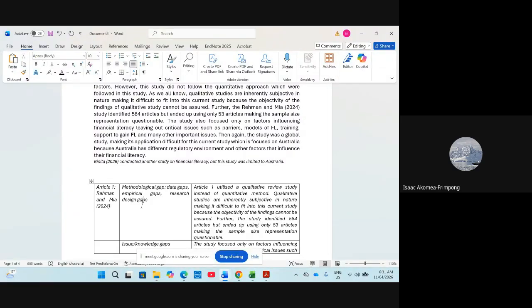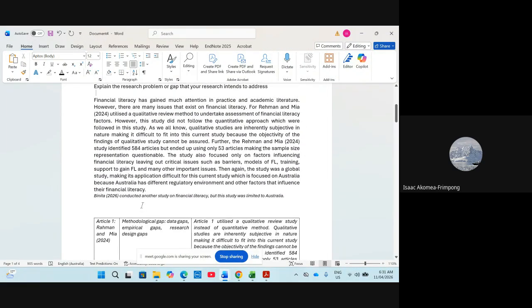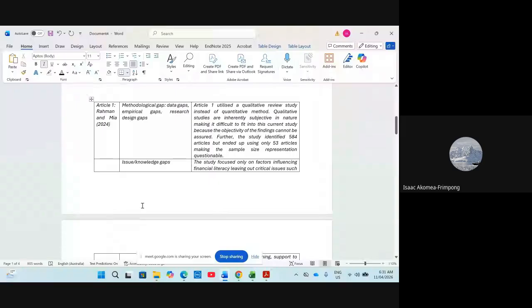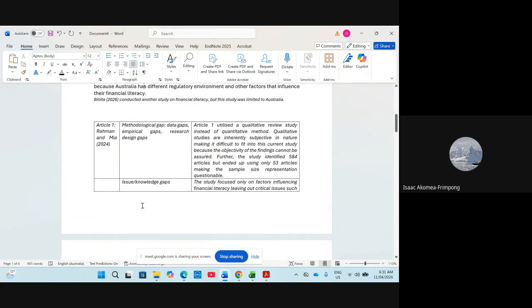For you to write a very good introduction, especially with the next section, which is the problem statement, you need to identify gaps and limitations in existing literature and existing studies. There's one study here I'm going to use as a case study, but it doesn't mean you must use only one study. You must use more studies, especially those of you writing theses.